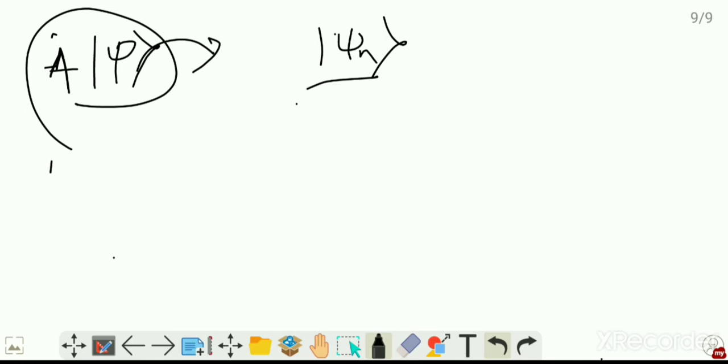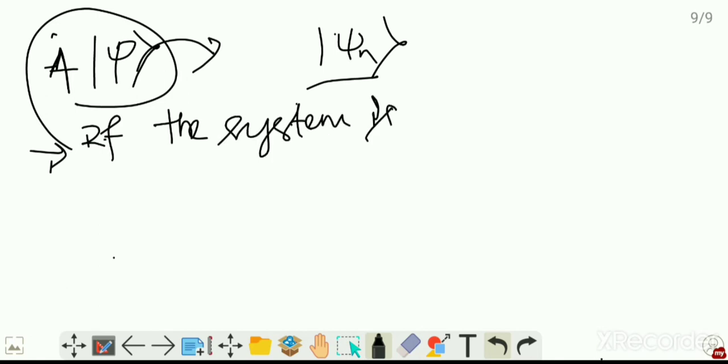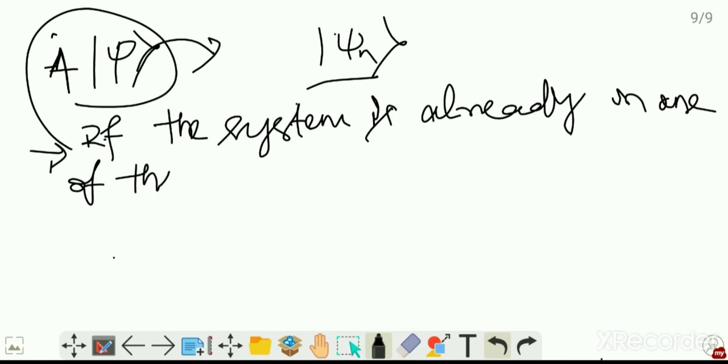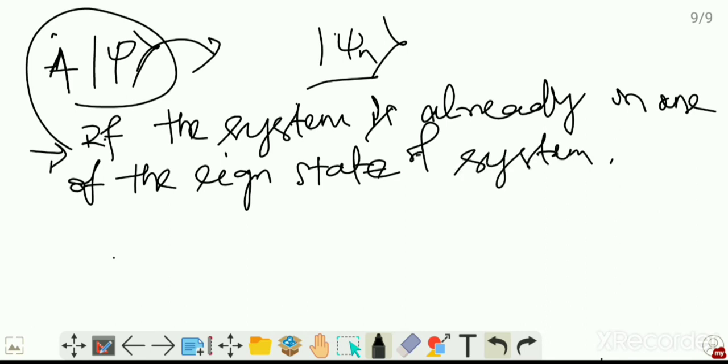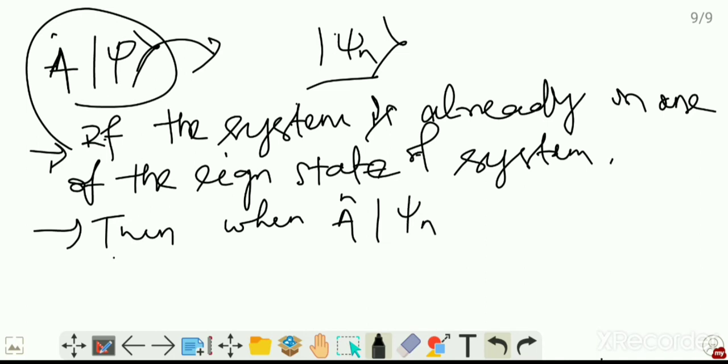Now if the system is already in one of the eigenstates, then when A operates on psi of n, it will give an eigenvalue a n, and the system will remain the same.